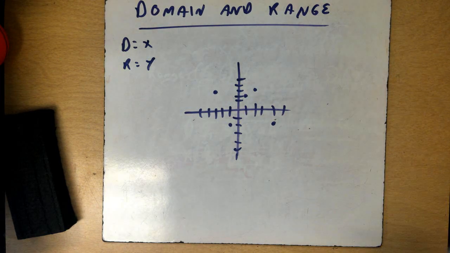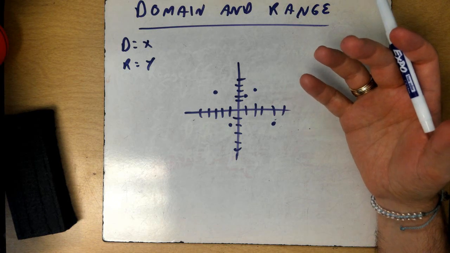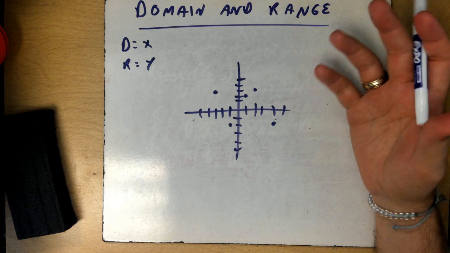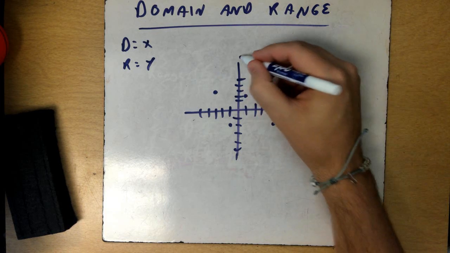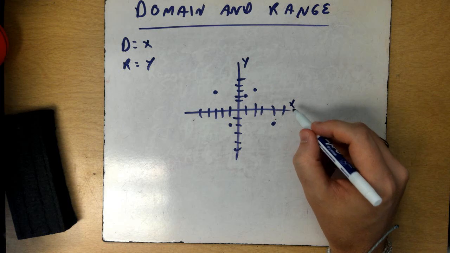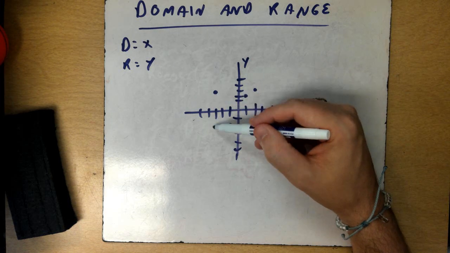If I look at these points, you want to see where your x's repeat. The easy way to tell is just to look. Remember, this is my x, this is my y. So my x's cannot be on the same line here. Basically they can't be above each other.